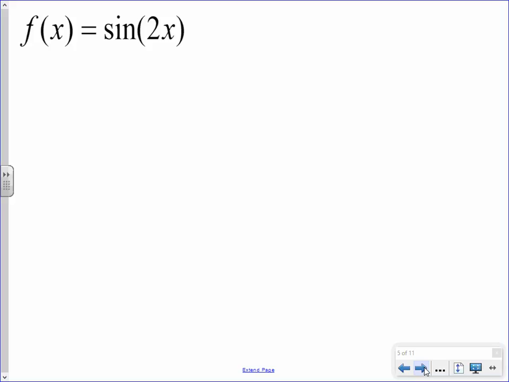Is this a composition? Yes. If the answer is yes, that means we can use the chain rule. The only way we can do this derivative right here. Okay? What is inside our function? 2x. 2x is inside the sine of x. We have a composition of two functions.